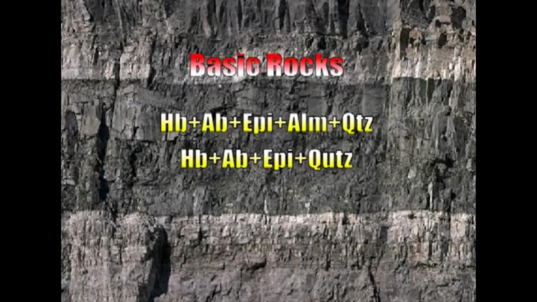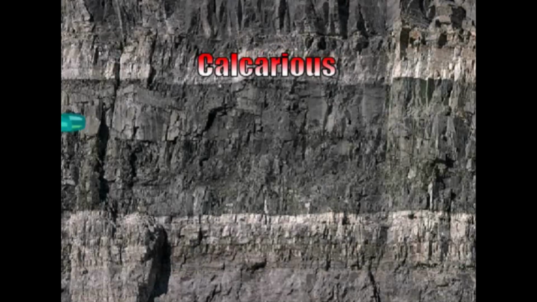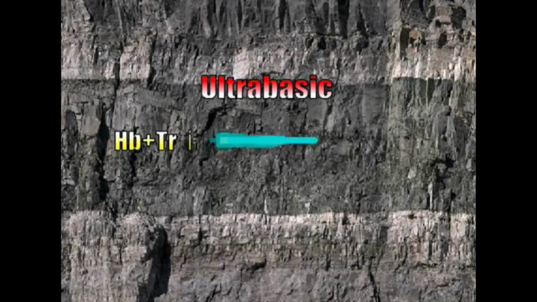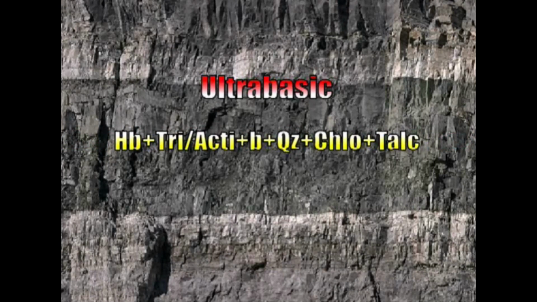The calcareous assemblage: calcite, epidote, tremolite, actinolite and calcite, tremolite, actinolite plus minus quartz. The ultrabasic assemblage is as follows: tremolite, actinolite, almandine garnet, talc, etc.